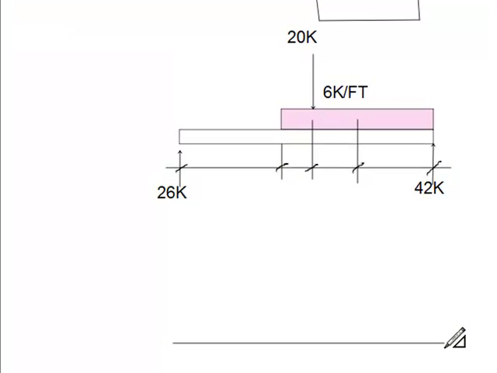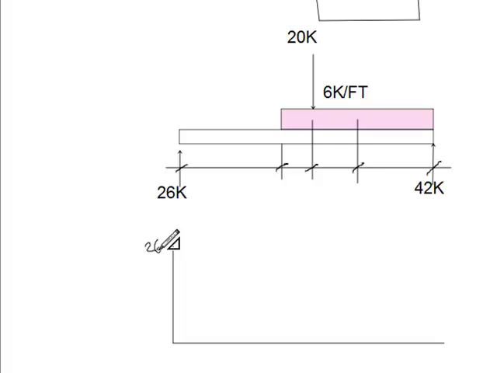Draw your beam. And so what's gonna happen at this end? Gonna go up 26, right, so we're gonna go up 26. Then what do you think we're gonna do? Go over to where the 20K is.